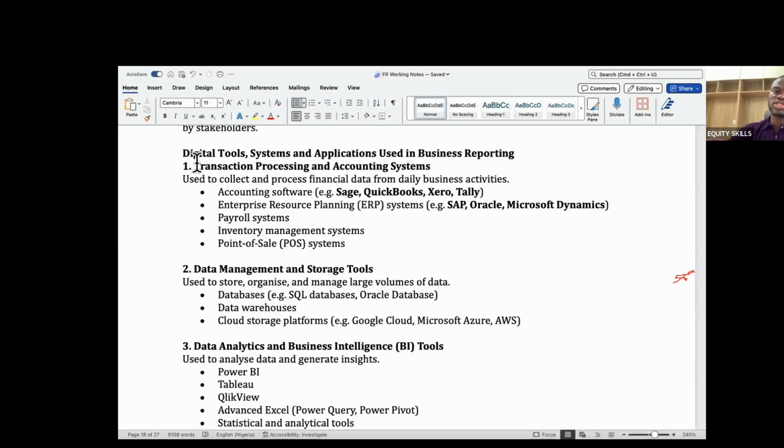So as far as transaction processing and accounting systems are concerned, this is an area of accounting that technology will help us improve, and these are the tools that can be used in that area. They have asked this in your exam, and it's something they can ask again because we need you to know this.